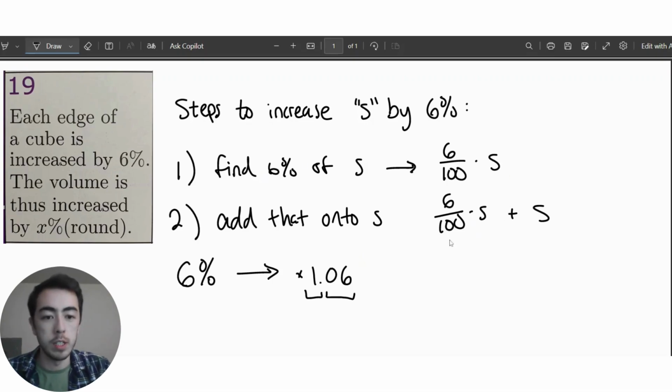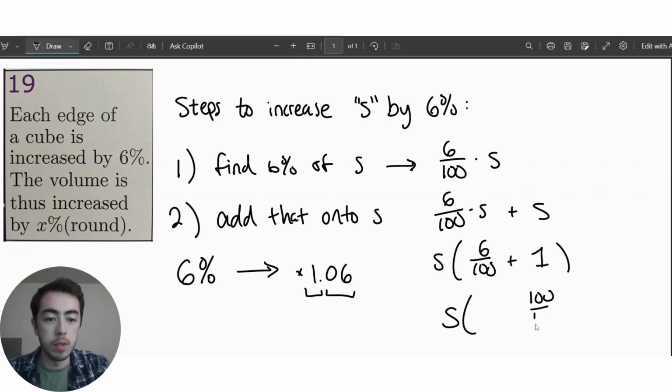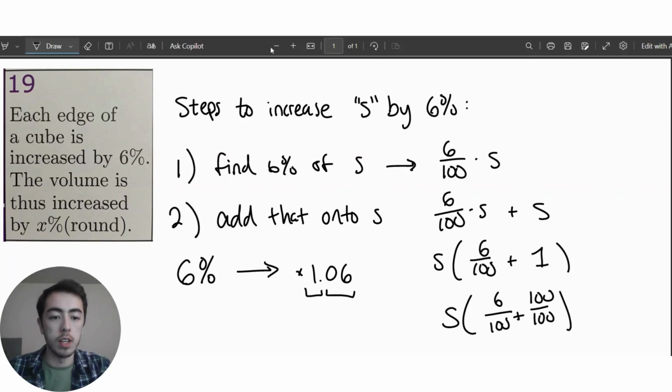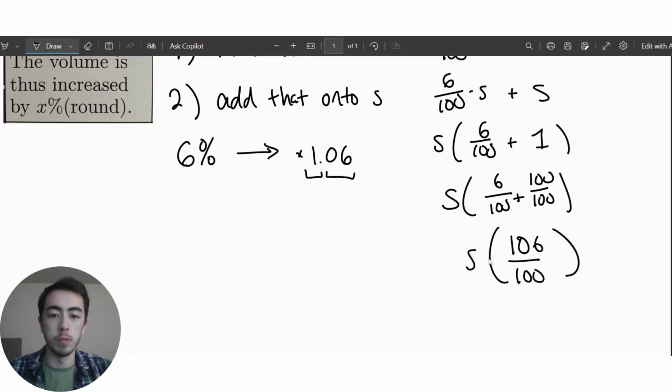To prove this with algebra, I could factor an S from both of these, and so I get 6 over 100 plus 1. You can see how this 1 is coming from that whole part, all of this value of S that I started with. If we simplify this fraction, I find a common denominator and add my numerators, and I'm getting 106 over 100 times S, my original amount.